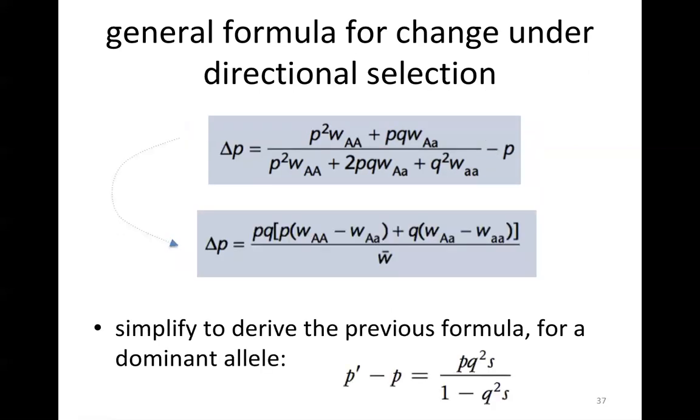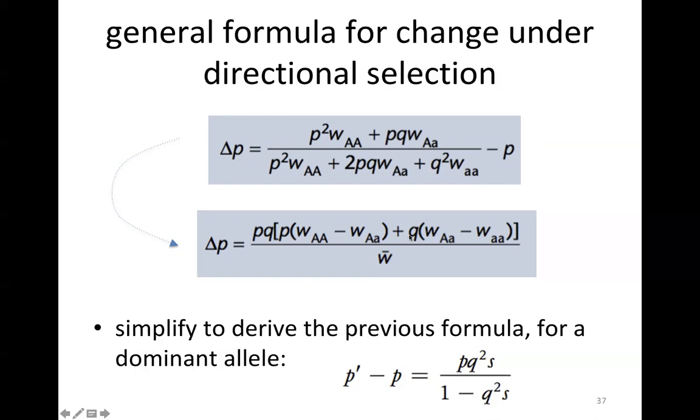And this formula can be rewritten, reorganized in this manner. Here, W bar indicates average fitness, the fitness of the population. It's a shortcut for the denominator. The numerator here has been reorganized, and we have this type of formula.